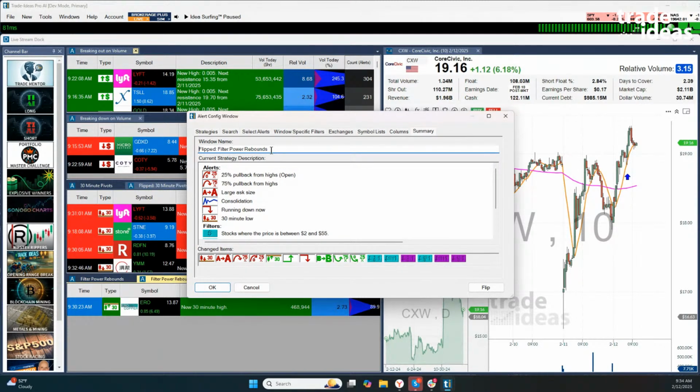So if this is a pullback, we would call this filter powered declines. You can call it anything, but that's the idea of what you're about to see.